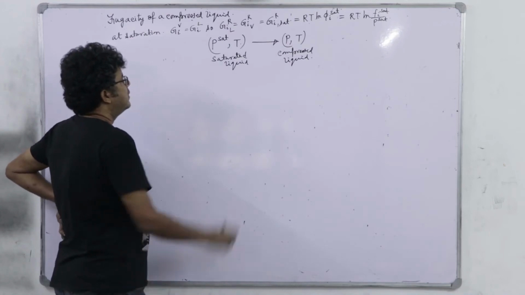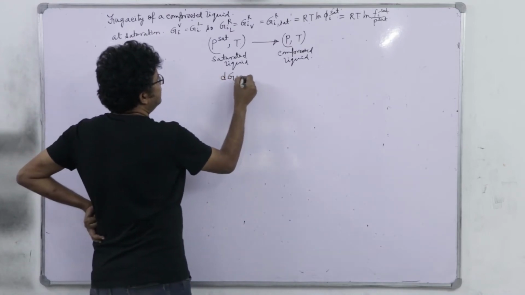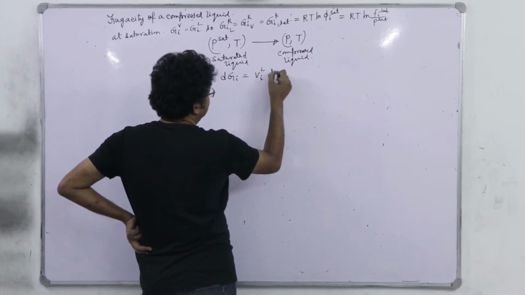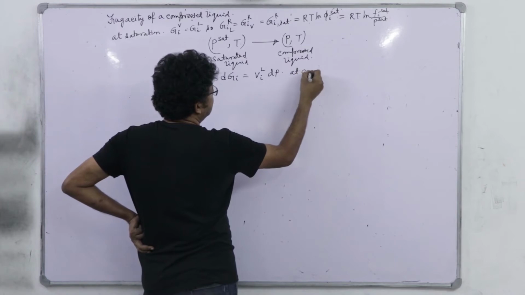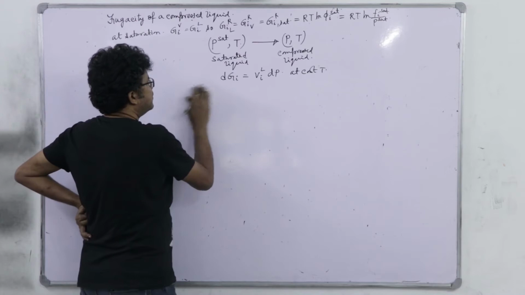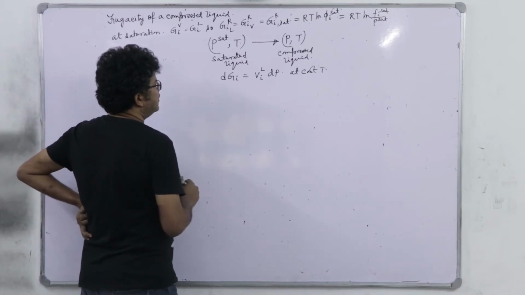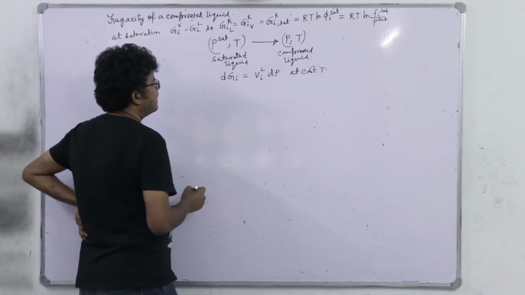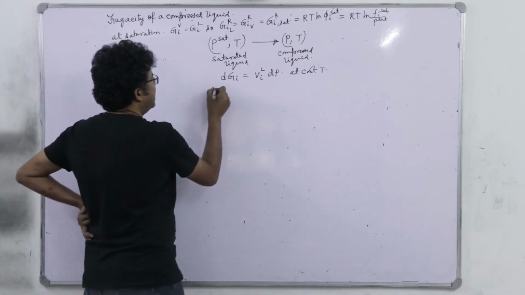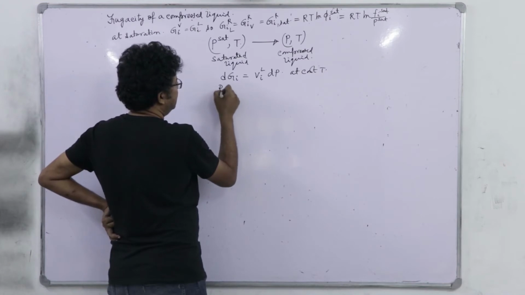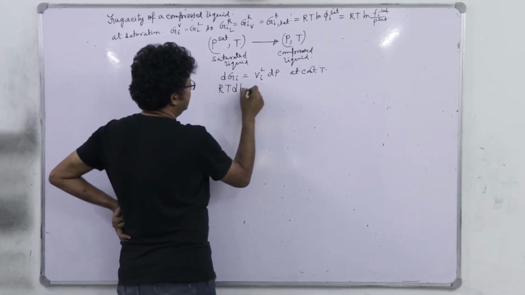Right. So you know that we have dGi is equal to ViL, the liquid volume, into dP at constant temperature. On the other hand, dGi is equal to RT d ln fi.